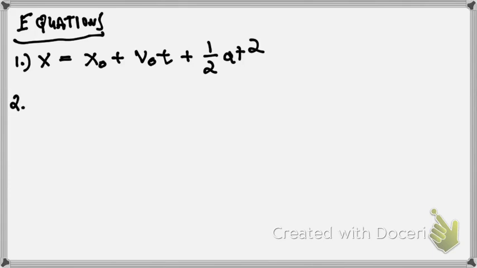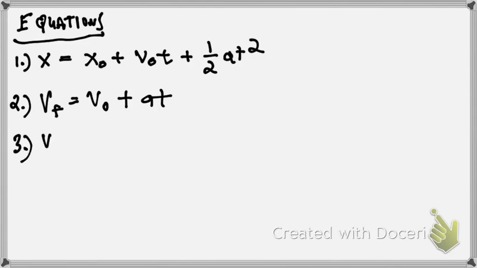All right. The second equation that you're going to need to know is that v final is equal to v initial plus at. The third equation that you're going to need to understand is this: v final squared is equal to v initial squared plus 2 acceleration times distance.